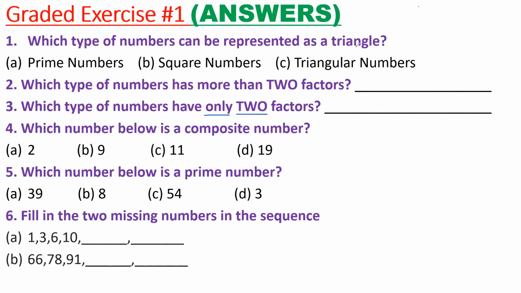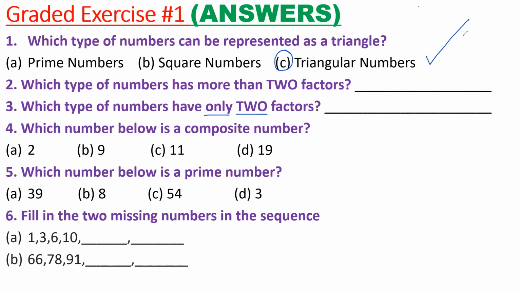And for my answer, I put C. Very good. C is correct. Anyone else put C as their answer? I did. Triangular numbers can be represented as a triangle. By the way, Malik, that's a very good reading that you did. I should let you read more often.